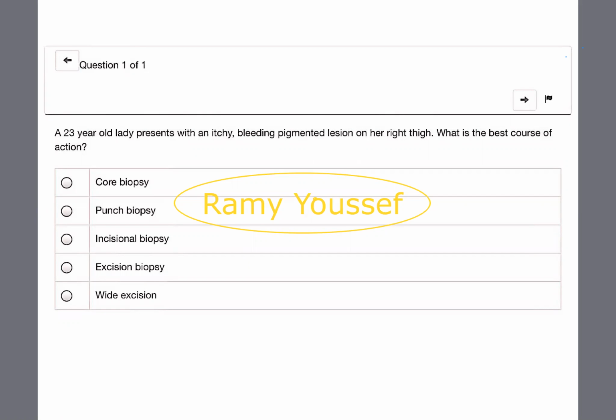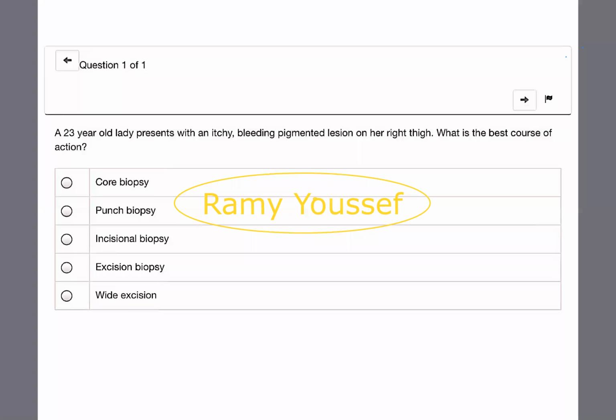So what do you think it is? Melanoma. So it is excisional biopsy.